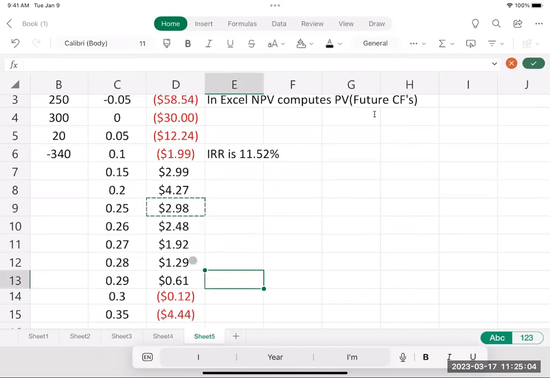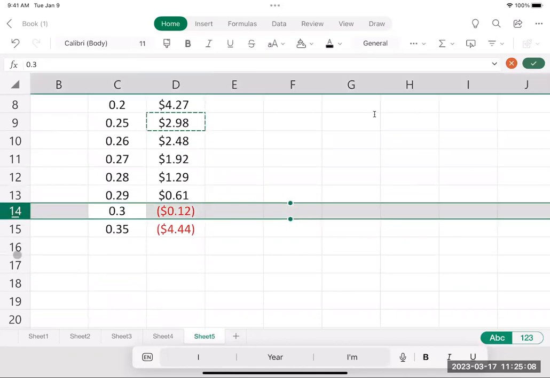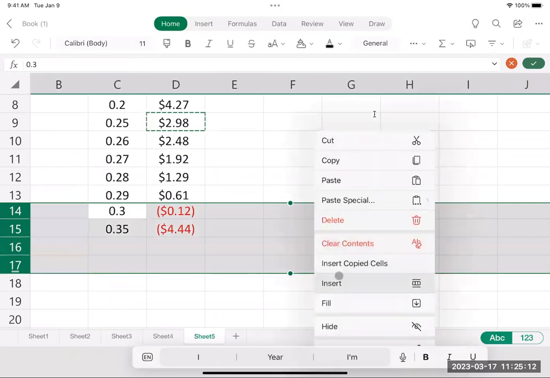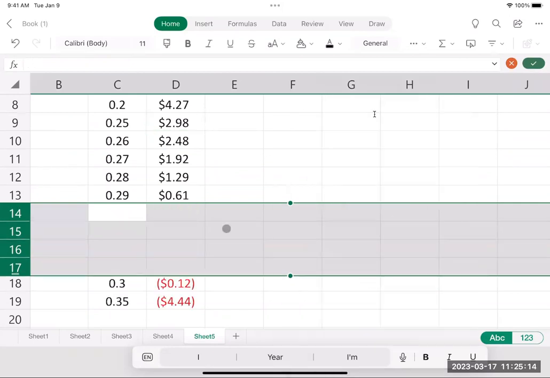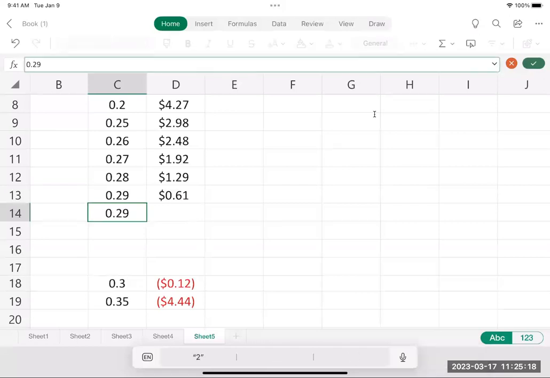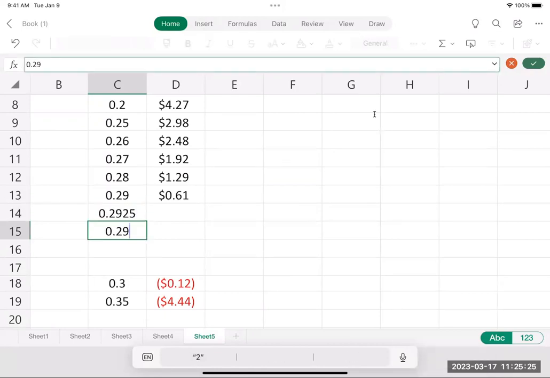If you want to do even more with decimal value estimates, insert rows. So let's try 0.2925 or something like that. 0.295, 0.2975.